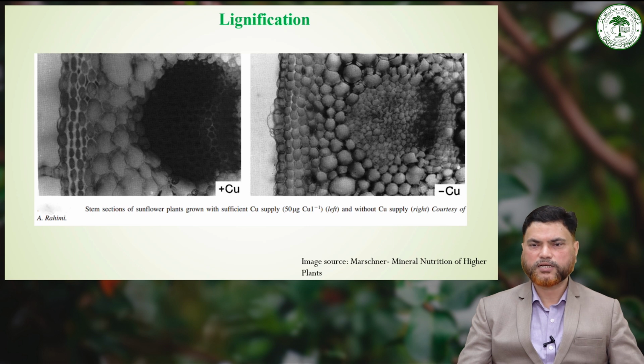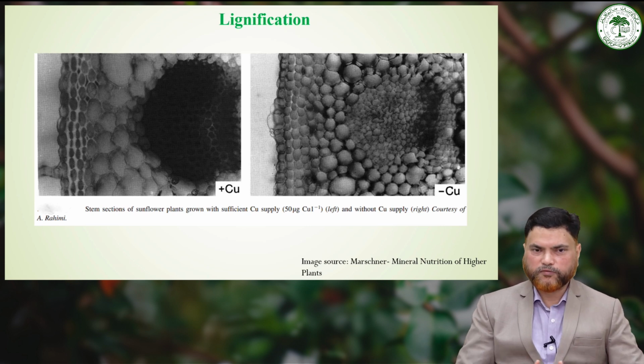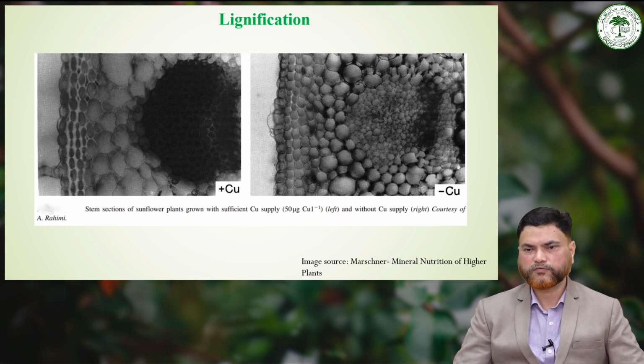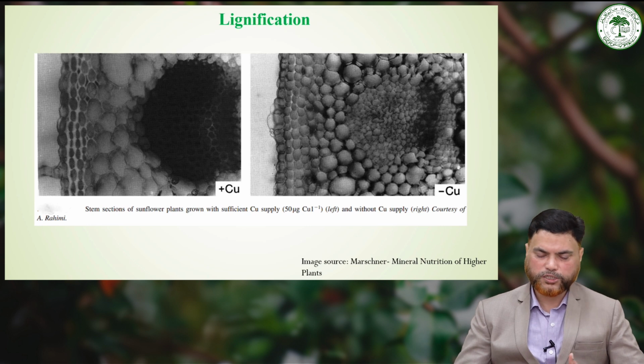The xylem vessels are also inadequately lignified. Even a mild deficiency of copper could lead to reduced lignification of cell walls, which serves as one of the important indicators of the nutritional status of copper inside the plant.